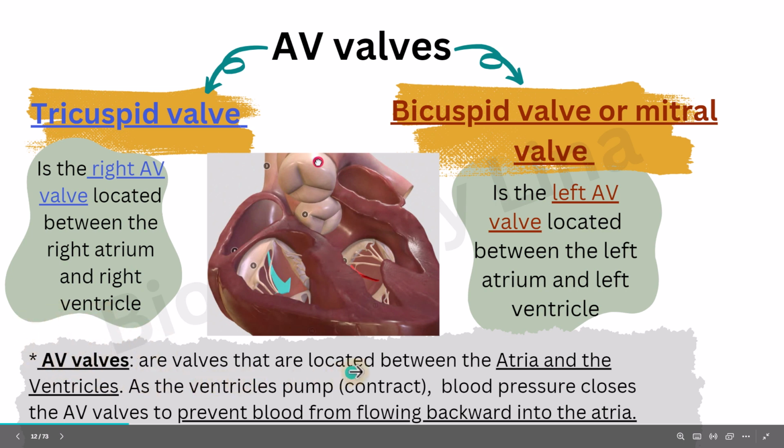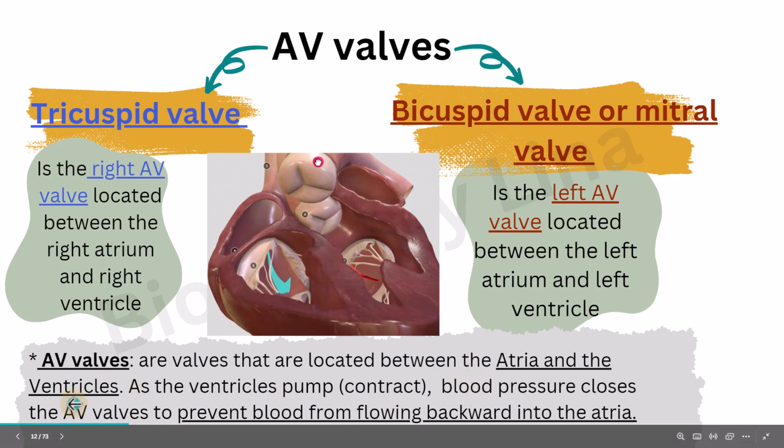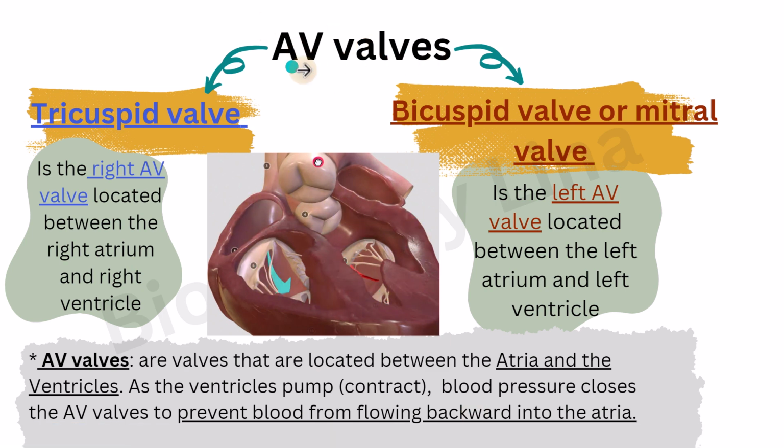They are the valves located between the atria and the ventricles. When the ventricles contract and pump blood, the pressure closes the AV valves to prevent the blood from flowing back into the atria. So the function of AV valves in general is to prevent the flowing back of blood from the ventricle to the atria.